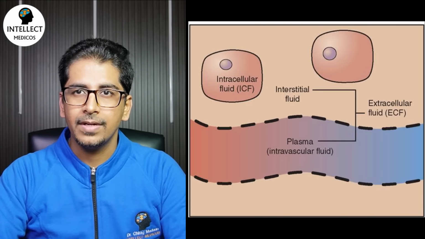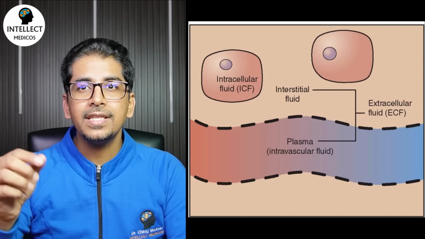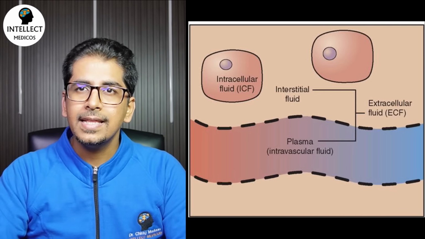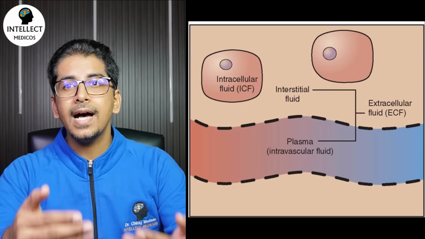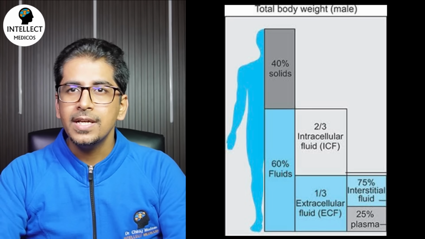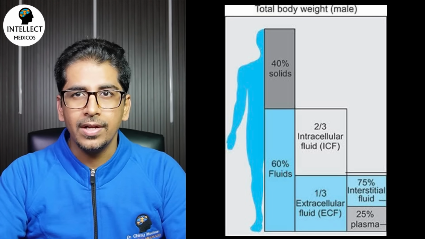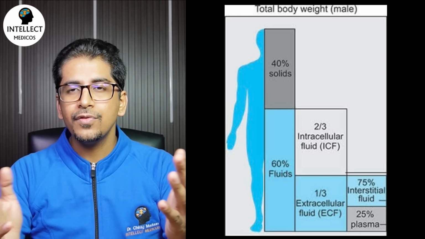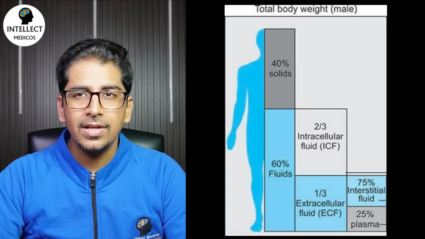Whereas the fluid present in the interstitium plus the plasma is considered extracellular because it is outside the cell. So 2/3 is contributed by intracellular and 1/3 by extracellular. And further, of the extracellular, 1/4 is contributed by the intravascular compartment. So this is just the basic physiology of our body fluids.